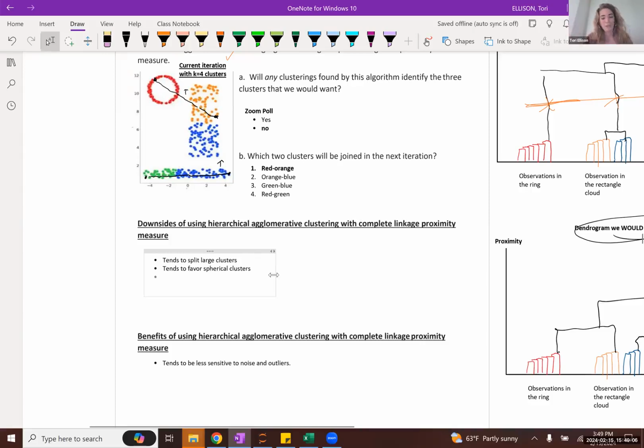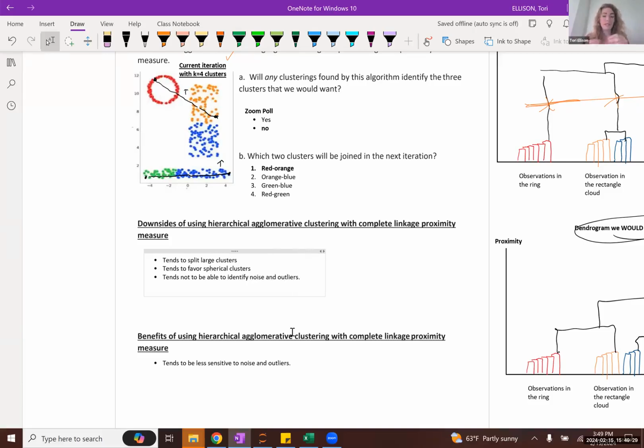However, if your goal is, rather than looking for clusters, simply to look for the presence of noise and outliers, complete linkage is not as good at doing that. It tends not to be able to identify noise and outliers.